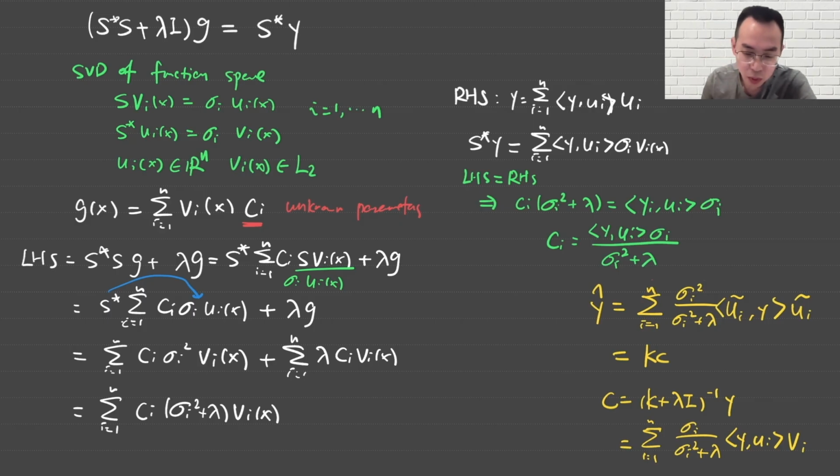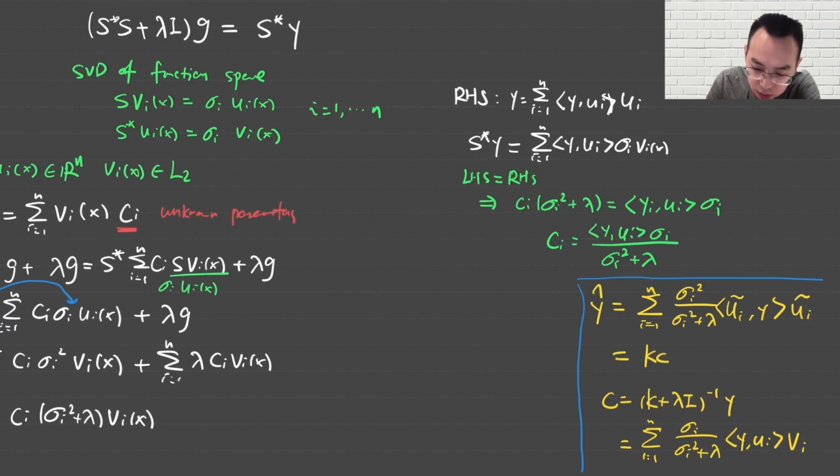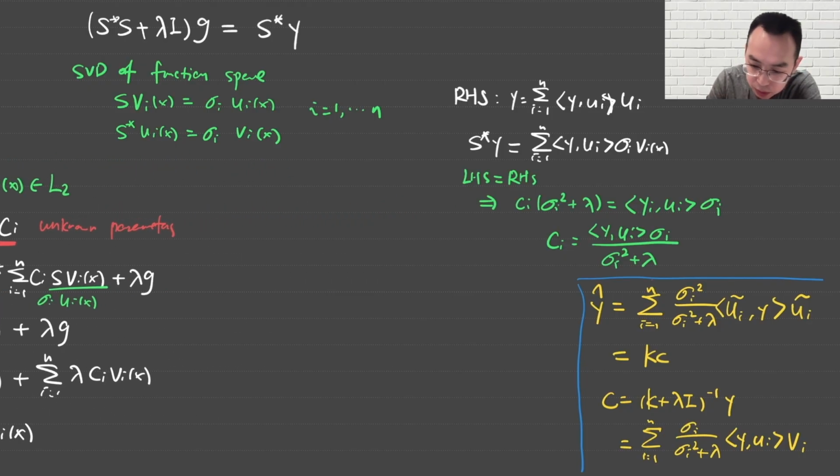Okay, now we are getting very close. To compare with the form here, let's see. I don't think they are the same c. Let's just compare y hat instead, because I don't think this ci here means the components in this vector c. Let me move this a little bit to the side and clean up the space.